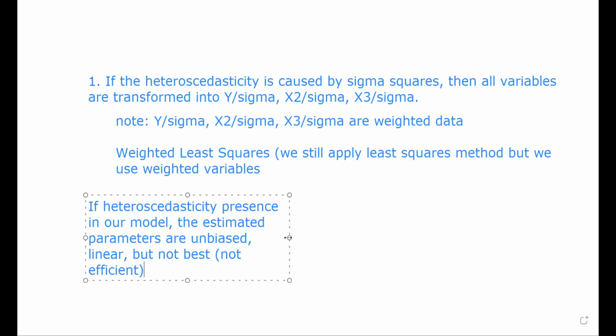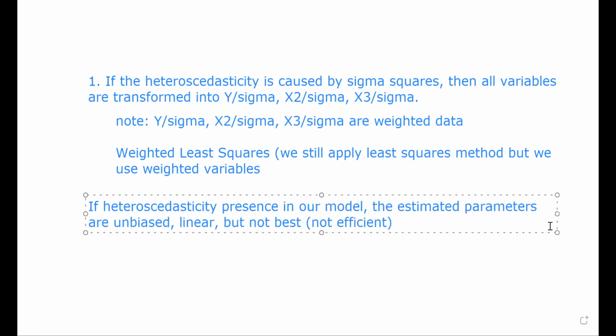So the problem of heteroskedasticity is actually a problem about the efficiency of the estimated parameters. Still unbiased. The important thing is unbiasedness, which is still a goal in this model.